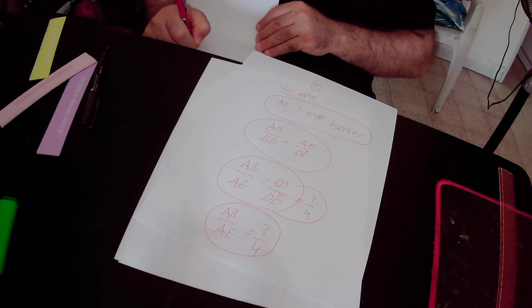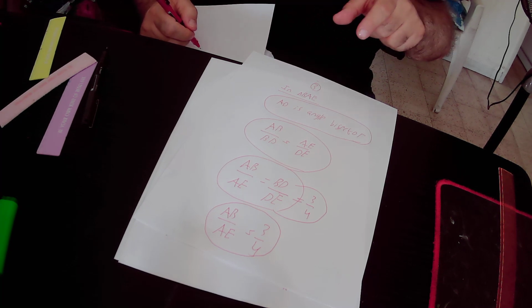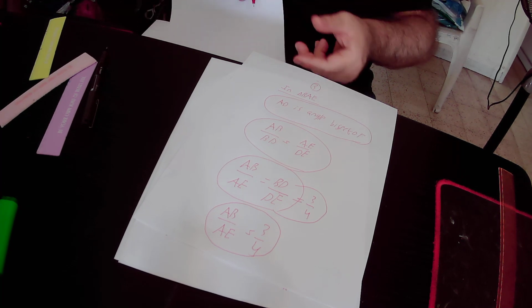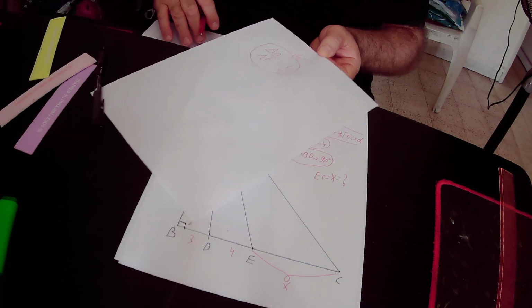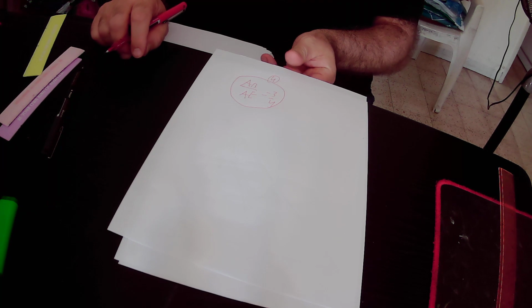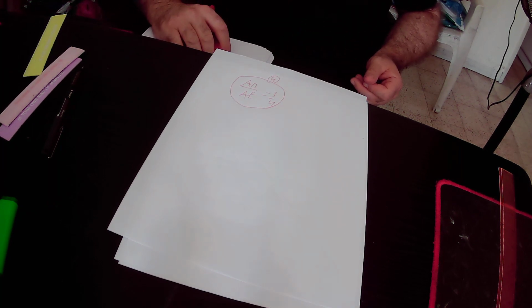So we got this equality that AB over AE equals 3 over 4.